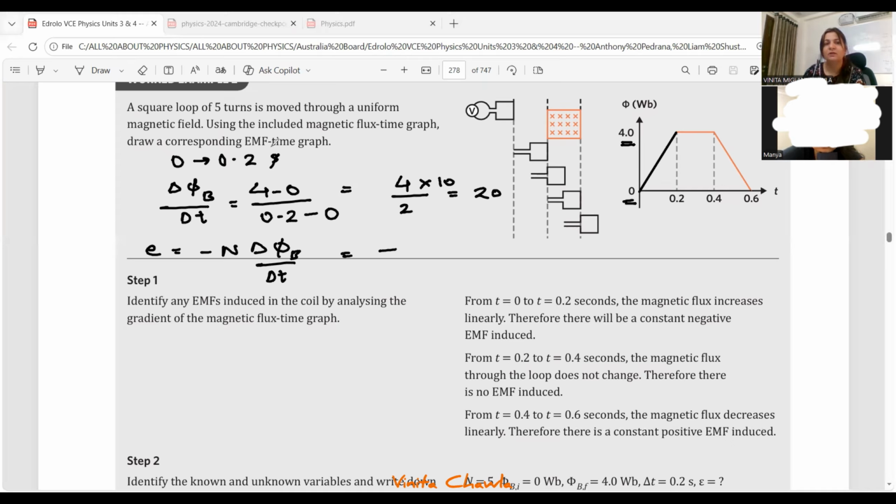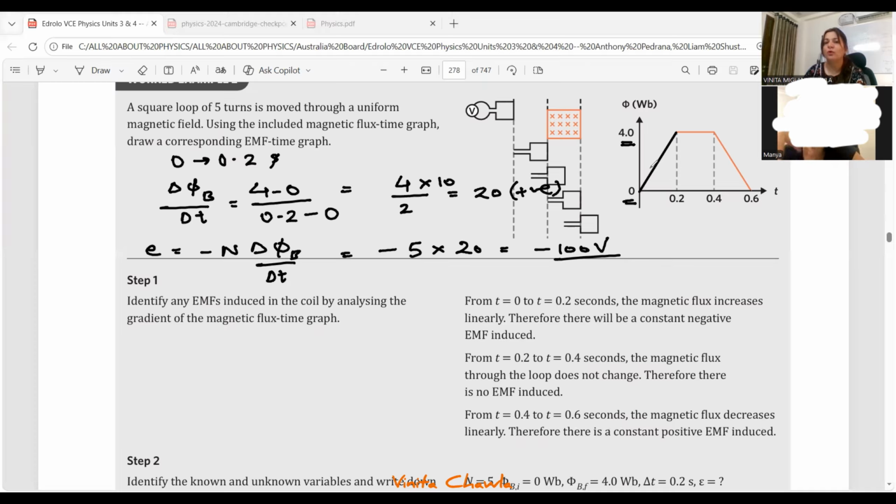So negative sign, 5 turns here, into del phi b by del t which is 20. So the induced EMF is minus 100 volt. You can see when del phi b by del t is positive, we're getting a negative value of induced EMF. So it has a negative constant value in the first case, right?